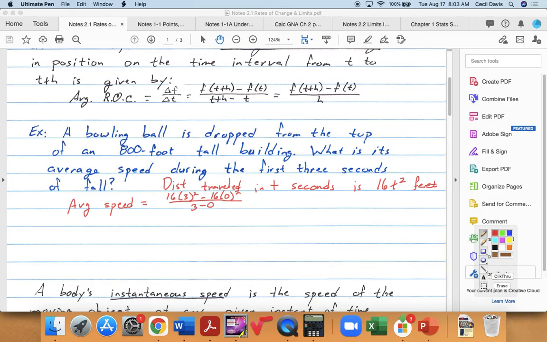By the way, you could do it the other way around as long as you switched both the numerator and the denominator. So let's see. That's 9 times 16, which is 144, minus 0, over 3. Let's see, that's 48 feet per second.